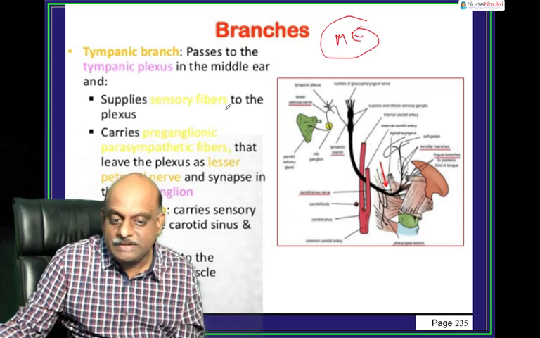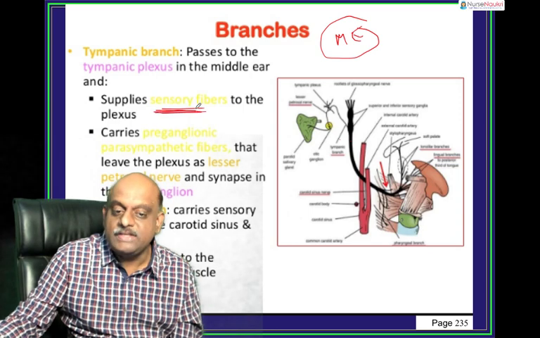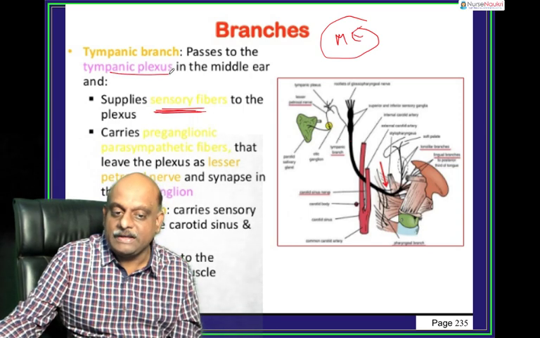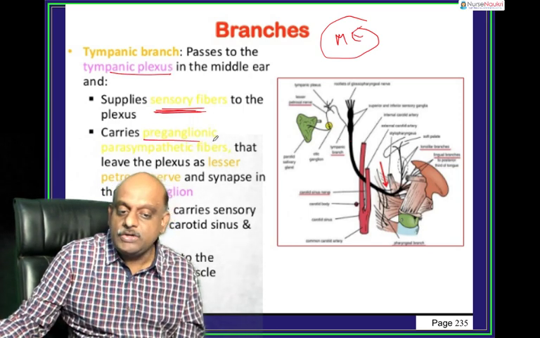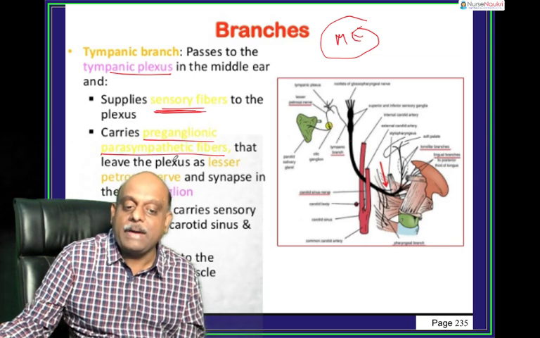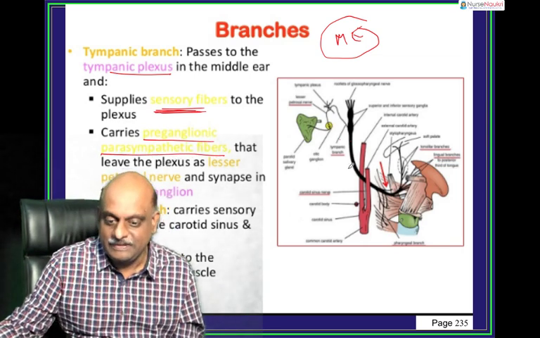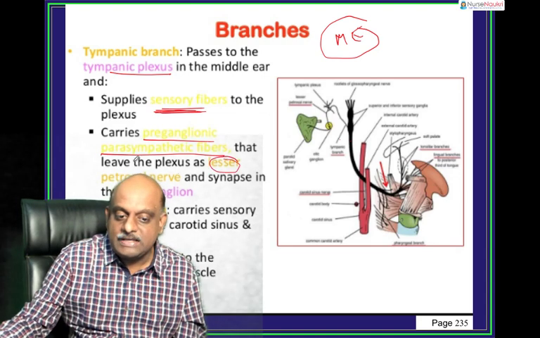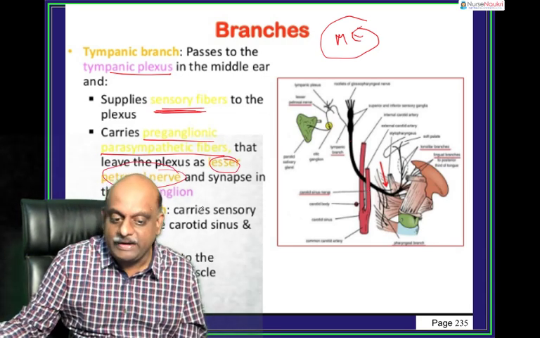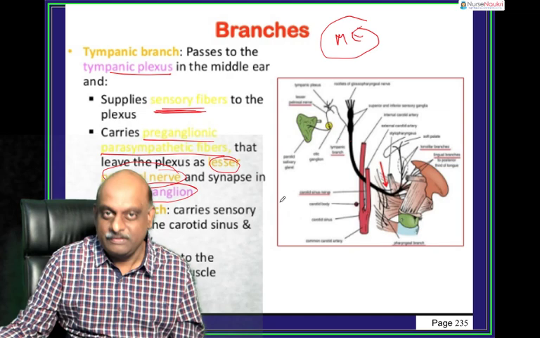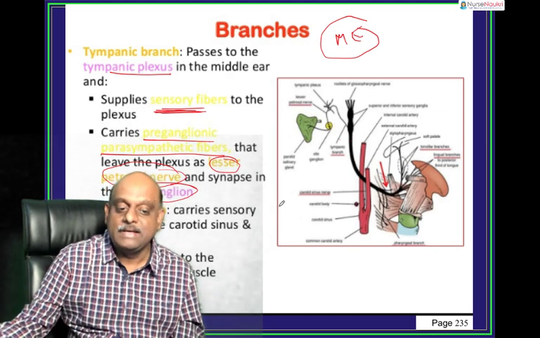And what does it supply? It provides all the sensory fibers of the tympanic plexus. It also carries the preganglionic parasympathetic fibers, and they leave through the lesser petrosal nerve and reach the otic ganglion. We have discussed this many times.